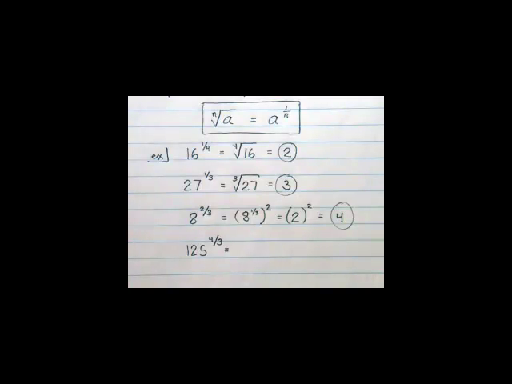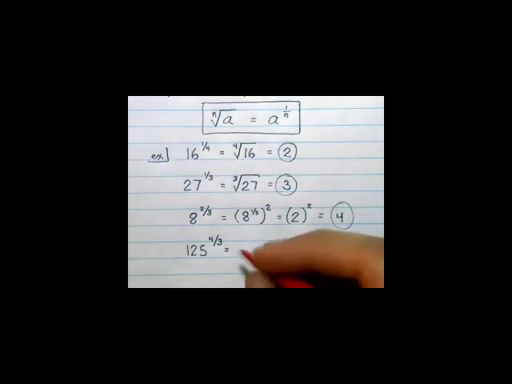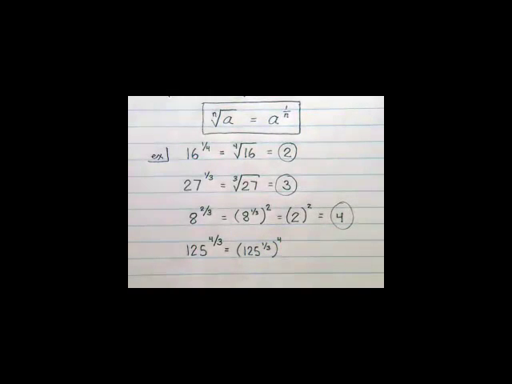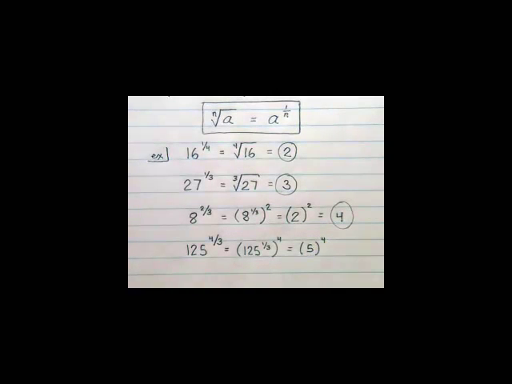Yep. Wait, so I'm confused. When you put it into 125 to the 1/3 times 4, then you cube. You do the inside first. So the cube root of 125, which is what? 5. So we've got 5 in the parentheses to the 4th power, right?